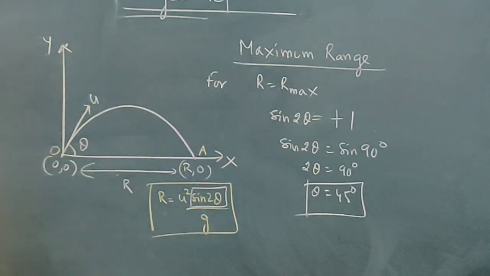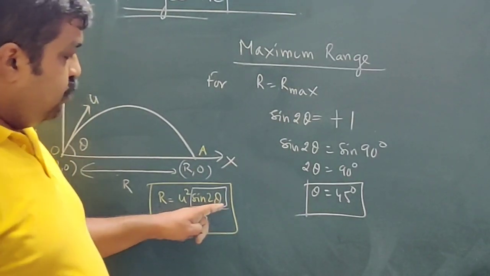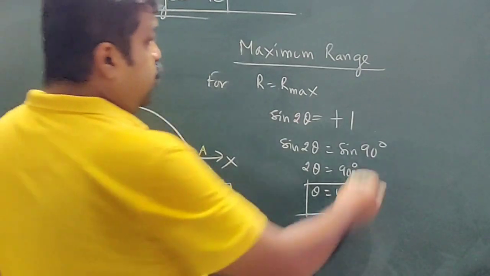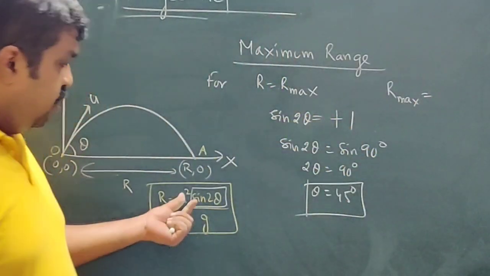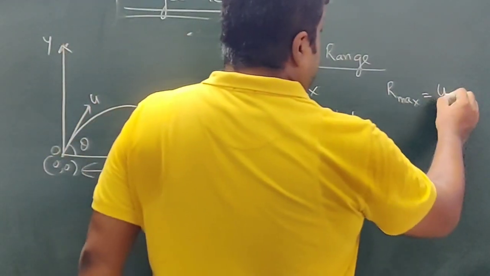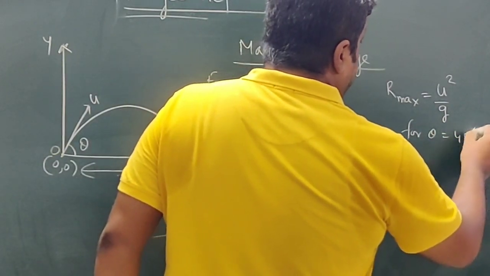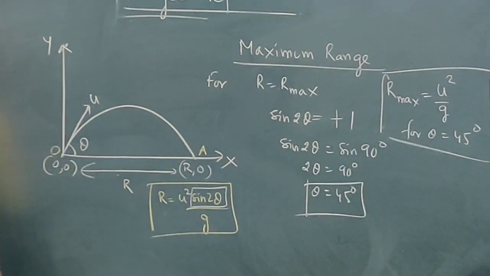And what will be the maximum value of the range? When sin 2 theta becomes 1, range becomes maximum. So R max will be equal to u square by g for theta equal to 45 degree. So this is the expression for maximum horizontal range.